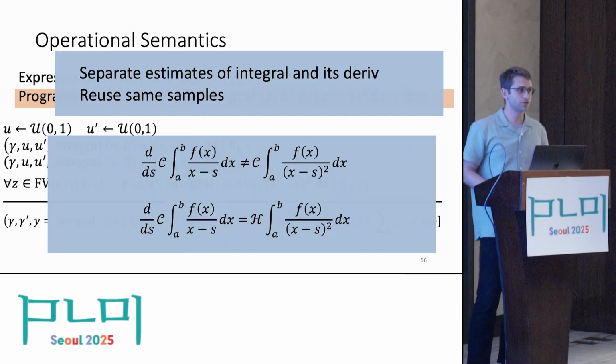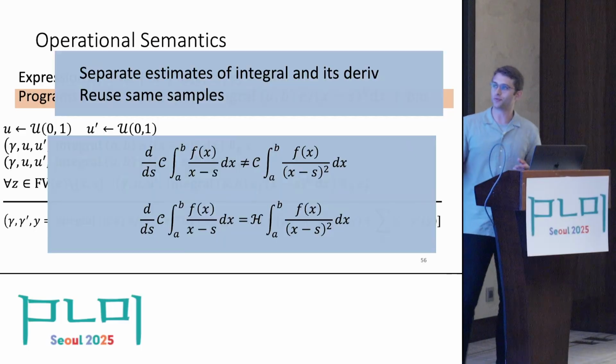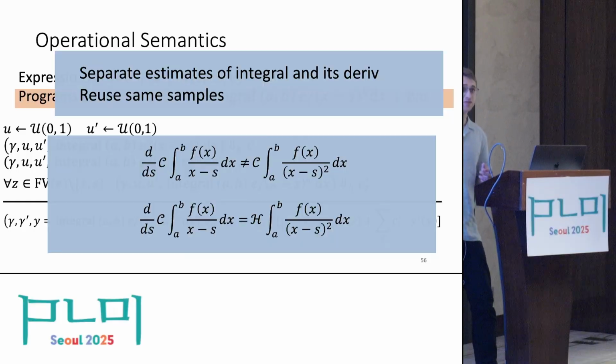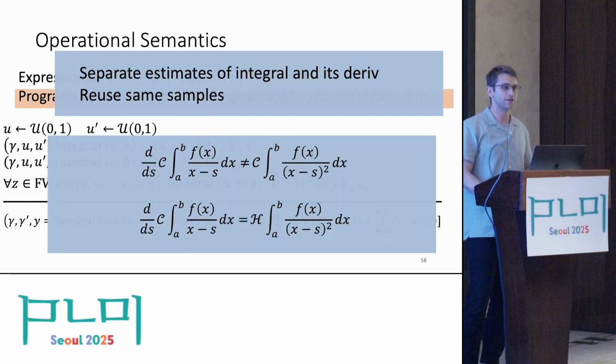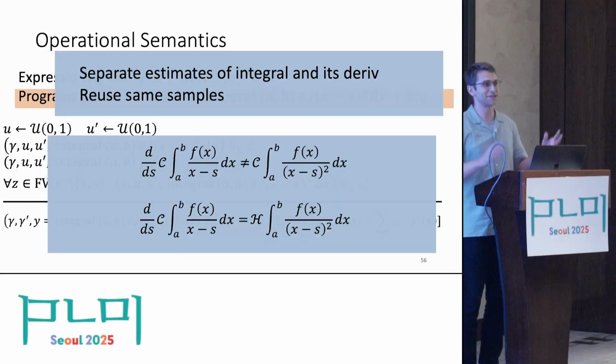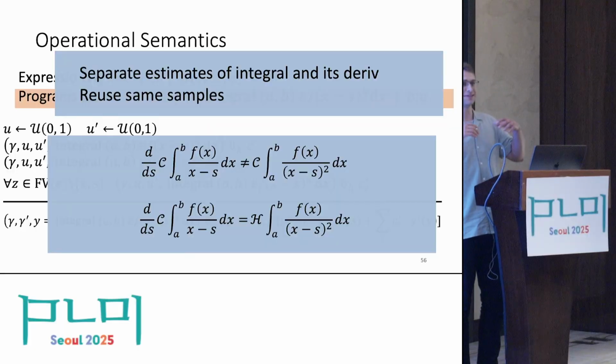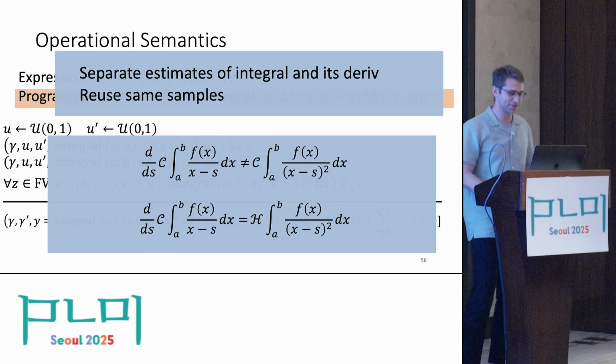So just to reiterate, we had this result earlier that the derivative of the Cauchy principal value integral is equal to the Hadamard finite part integral, but it's not equal to just differentiating the sampler. So this motivates that it's not as easy as writing your sampler and having AD take the wheel.